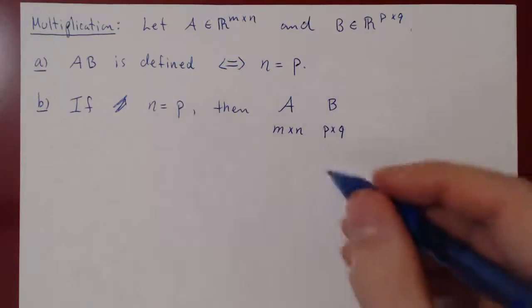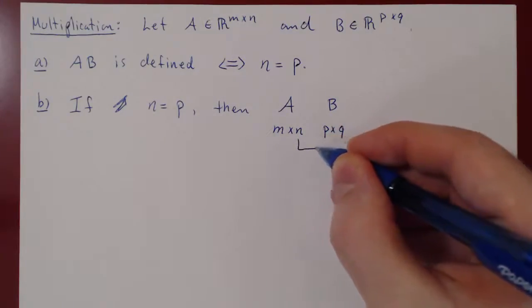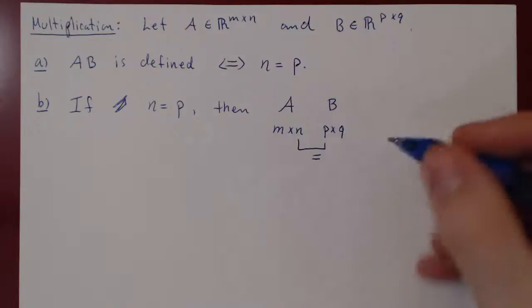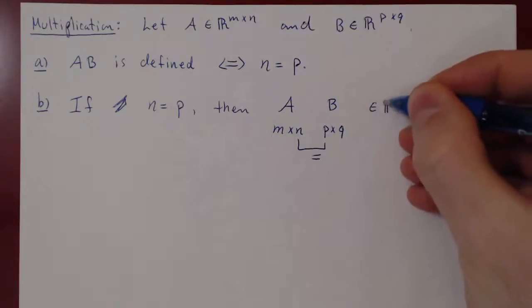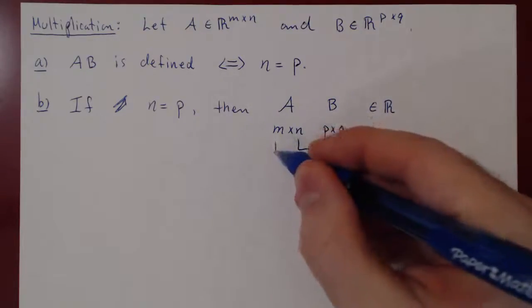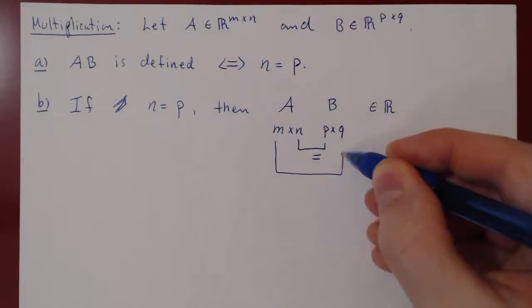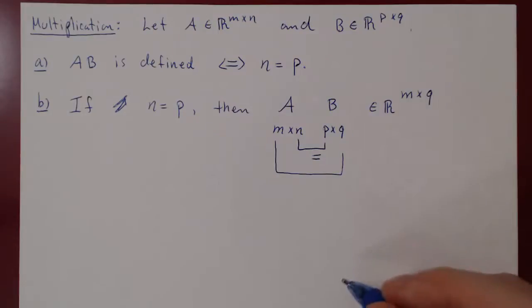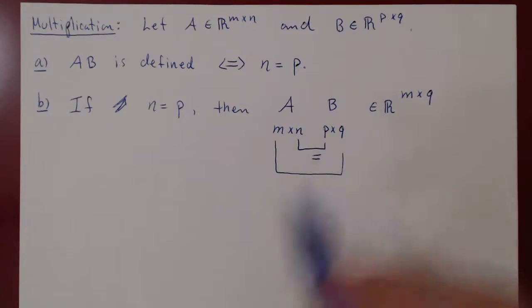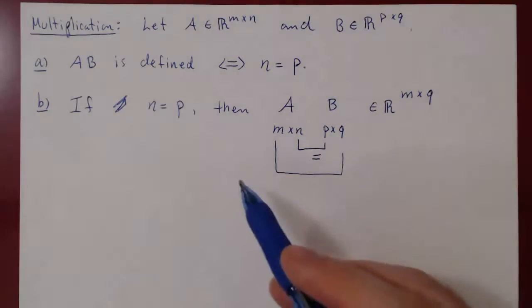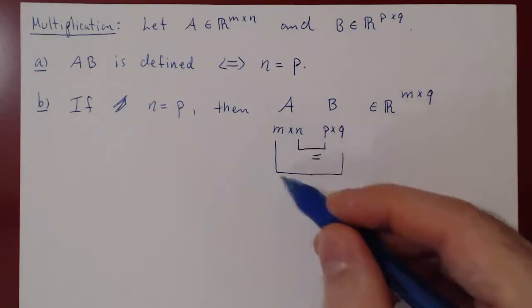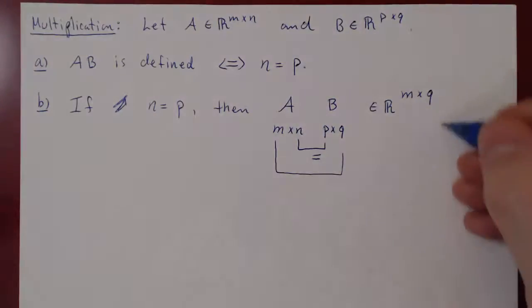So if n equals p, the number of columns of A equals the number of rows of B, the multiplication between A and B is defined, and the result will be an m by q matrix. So m rows by q columns. So that's the first part. If n equals p, you can multiply A times B, and the result will be an m by q matrix.